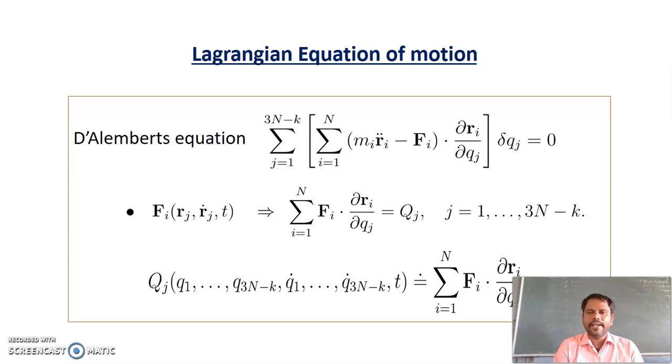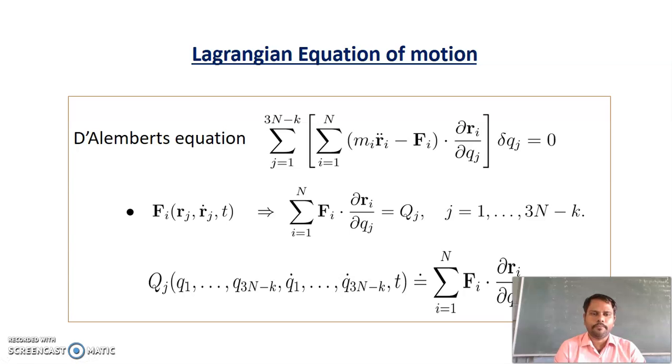We know D'Alembert's principle. Mathematically, it is represented by summation of i is equal to 1 to n, Pi dot minus Fi dot into delta Ri is equal to 0.